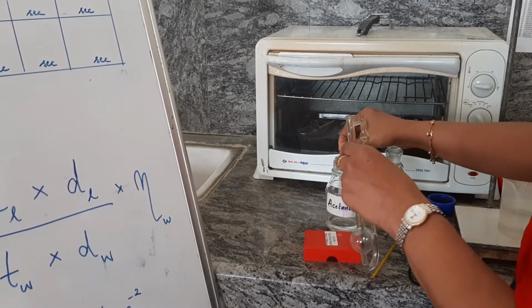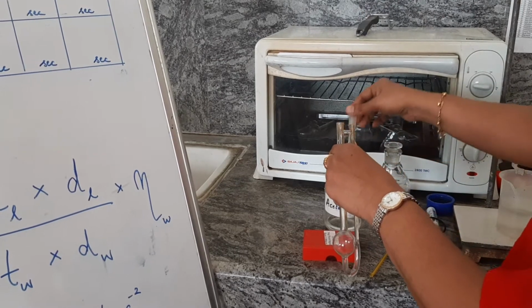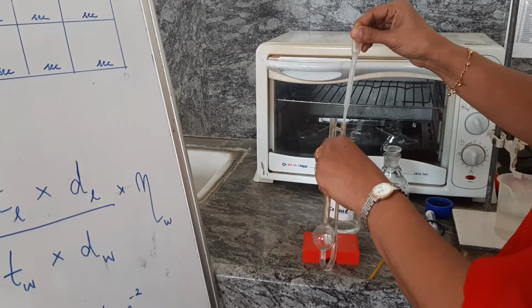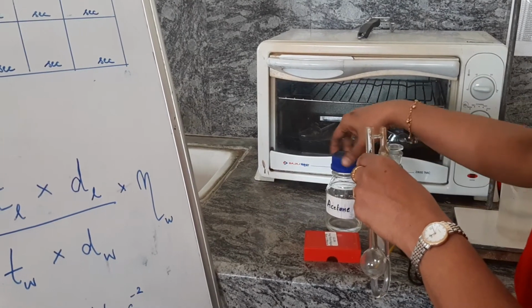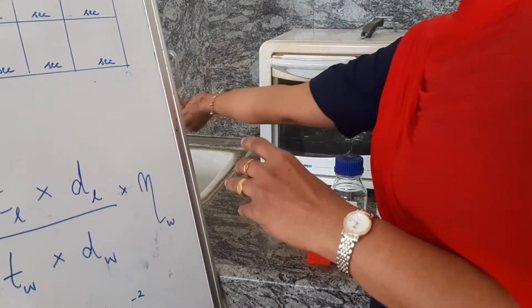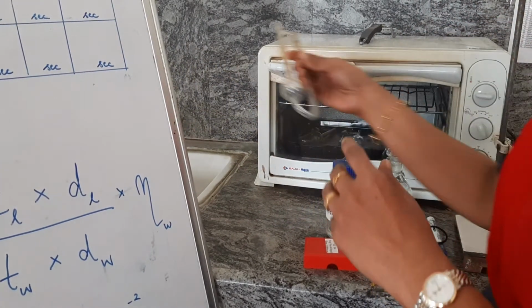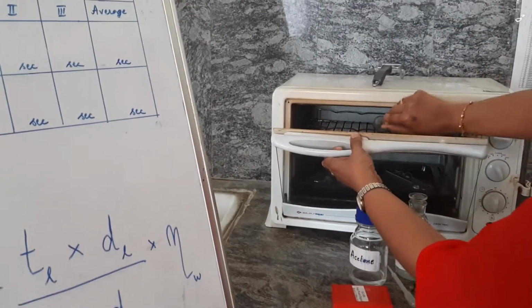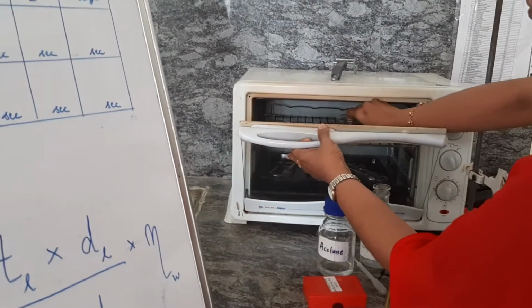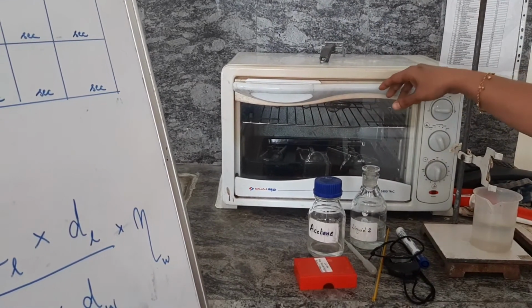Again wash one more time. Now the viscometer is kept in an oven for drying. The oven is switched on, and we have kept the viscometer for drying.